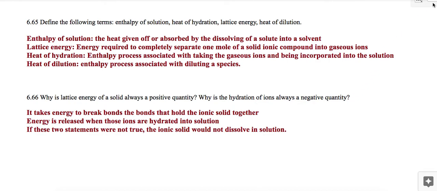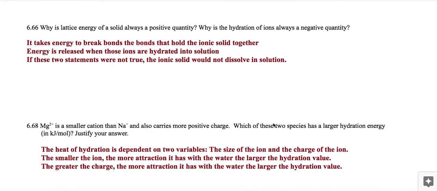All right, lattice energy. We just talked about that. Now, let me bring it up again. You're always requiring energy to break those bonds, that's the lattice energy, and then you're always getting energy back when those ions are hydrated, which is kind of a formation of a bond, an attractive force anyway.